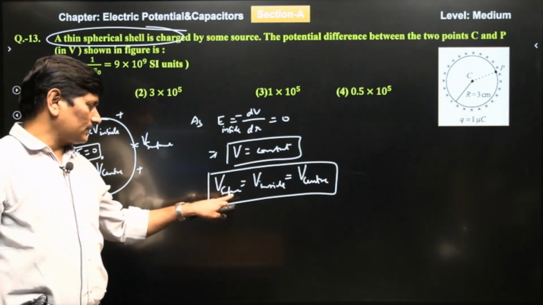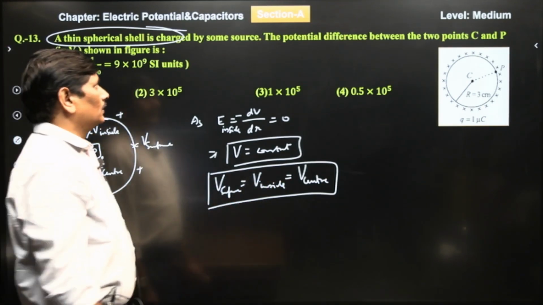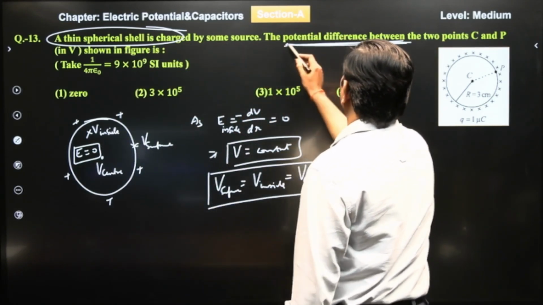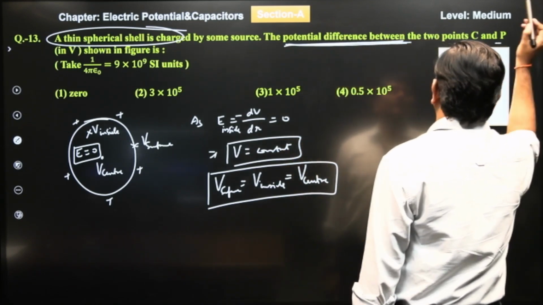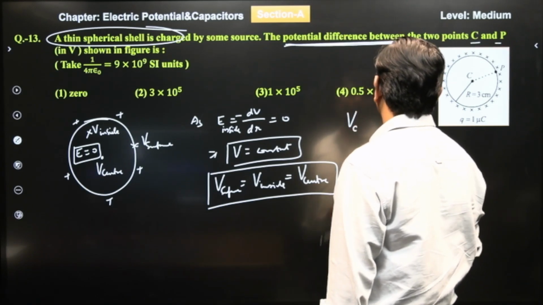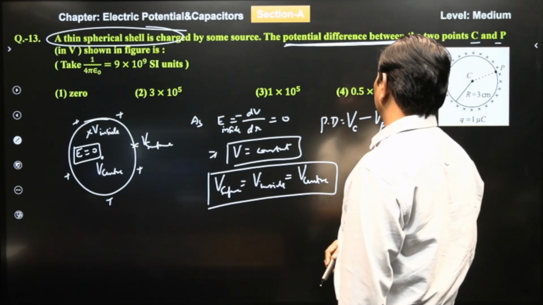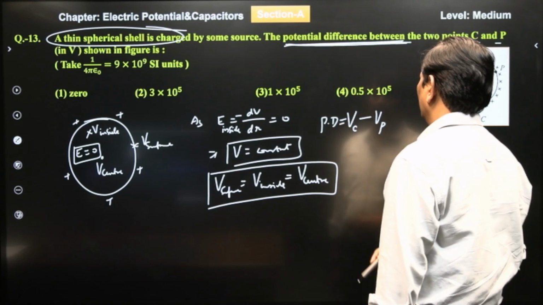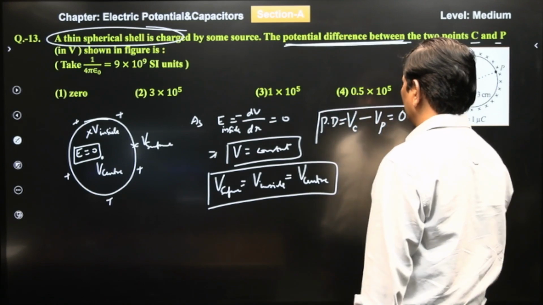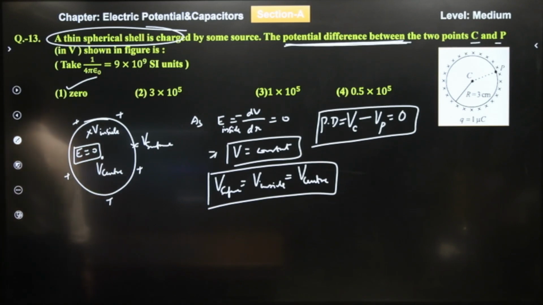Here we are asked to find the potential difference, not the potential, between C and P. So, potential at C is Vc, potential at P is Vp, potential difference is Vc minus Vp. As they are the same, that value will become 0. Nothing to do, conceptual.